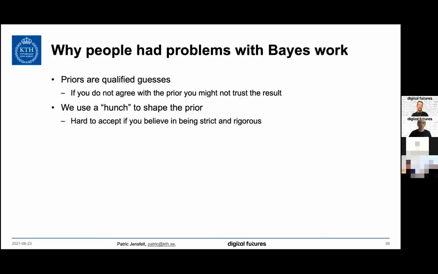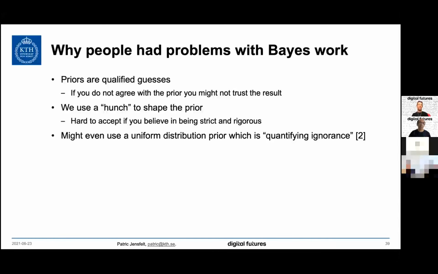So we use a hunch to shape the prior. If you use something other than uniform, or even uniform, we say, well, maybe we don't know more, or we suspect that it might be uniform. And if you're very rigorous and strict, it might be hard to accept that we do something sloppy like that. About this uniform distribution, someone said that it is really quantifying ignorance.